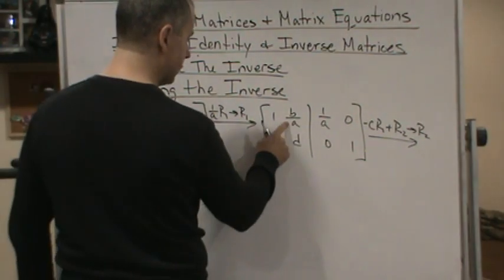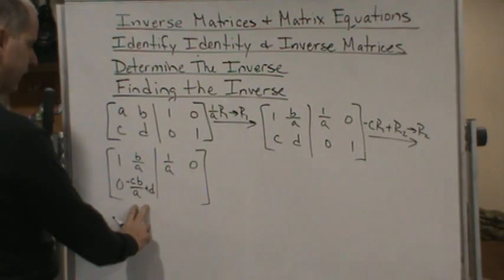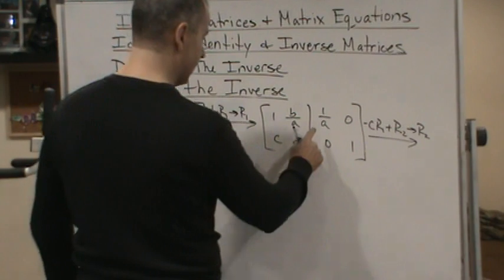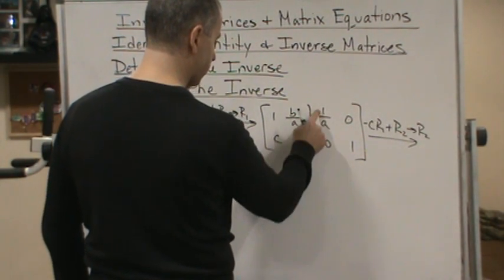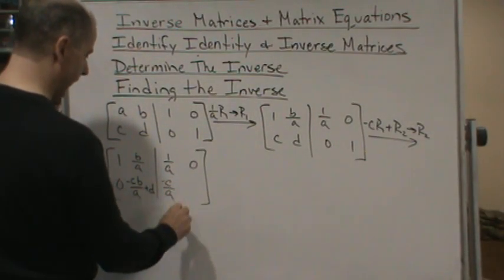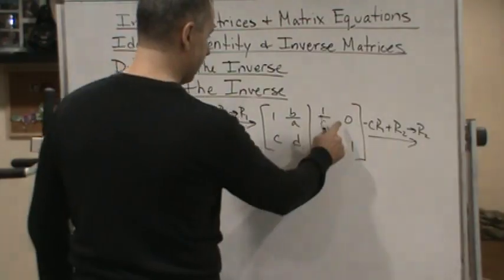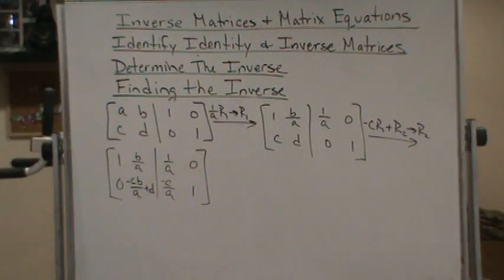We took negative C times this plus this, so that's what we get here. Now we're going to take negative C times this plus 0. So this is going to be negative C over A. And then this is just going to give us 1, okay?